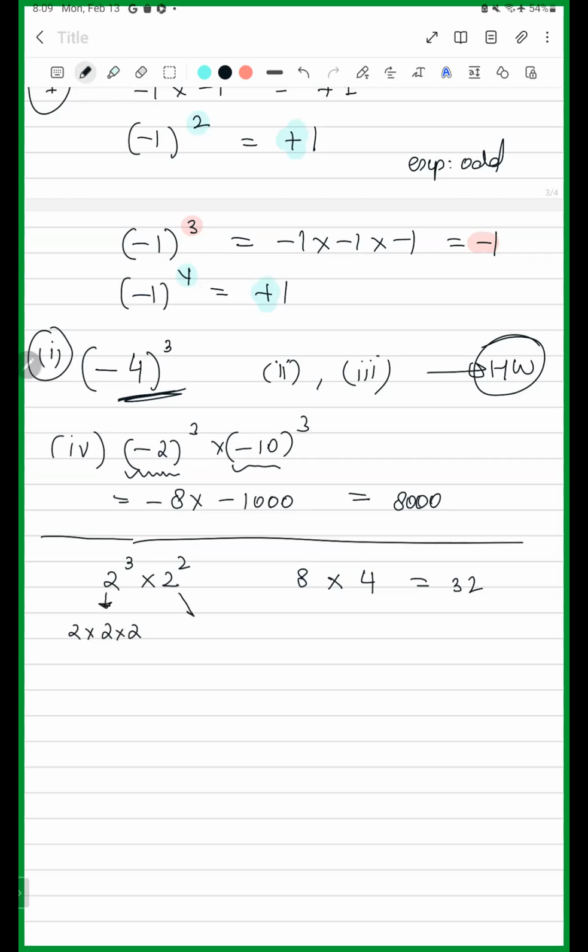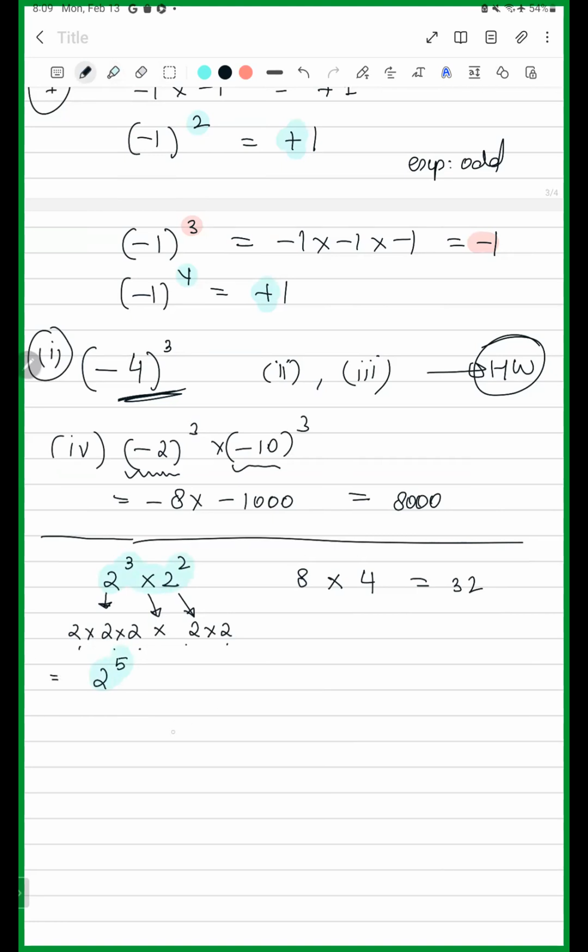And 2 to the power 2 can be written as 2 multiplied by 2, and there's this multiplication sign in between them. So basically, this is 2 to the power what? 1, 2, 3, 4, 5. So in short, 2 to the power 3 multiplied by 2 to the power 2 is equal to 2 to the power 5, right?